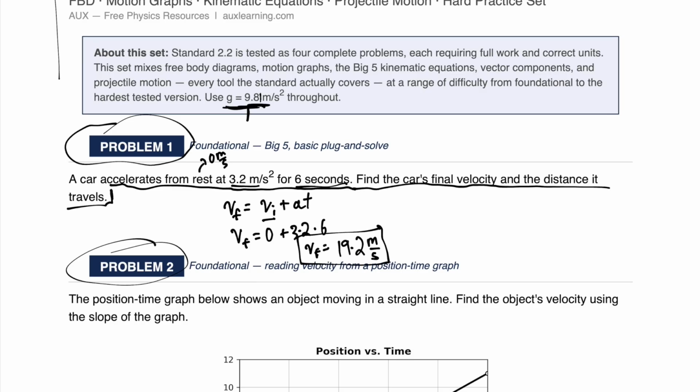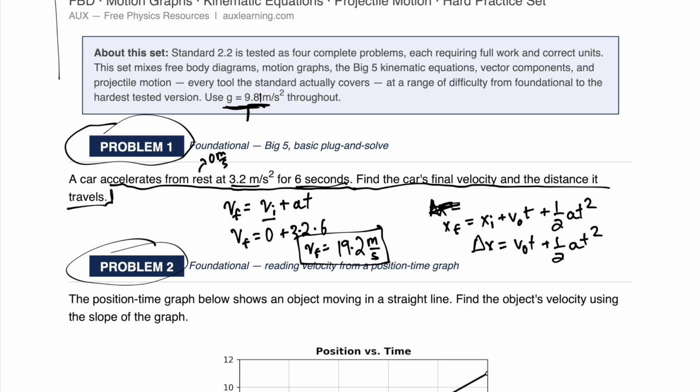But it also asks us for the distance it travels, so let's find that out as well. We can use this equation: delta x, or you might be more familiar with xf equals xi plus v initial t plus 1/2 a t squared. But I'm just going to write it as delta x equals v0 t plus 1/2 a t squared, because xf minus xi is just delta x.